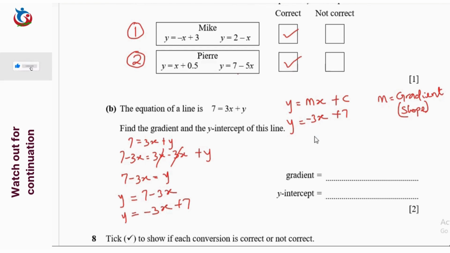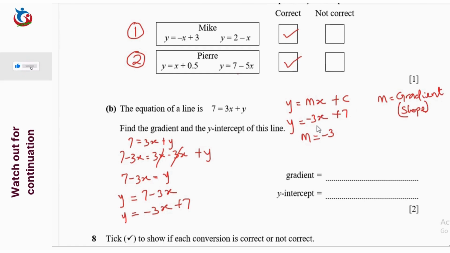You can see that minus 3x is occupying the position of m. So automatically we can say that our m is equal to minus 3, which is the coefficient of x. So the coefficient of x, which is m, gives you the gradient.